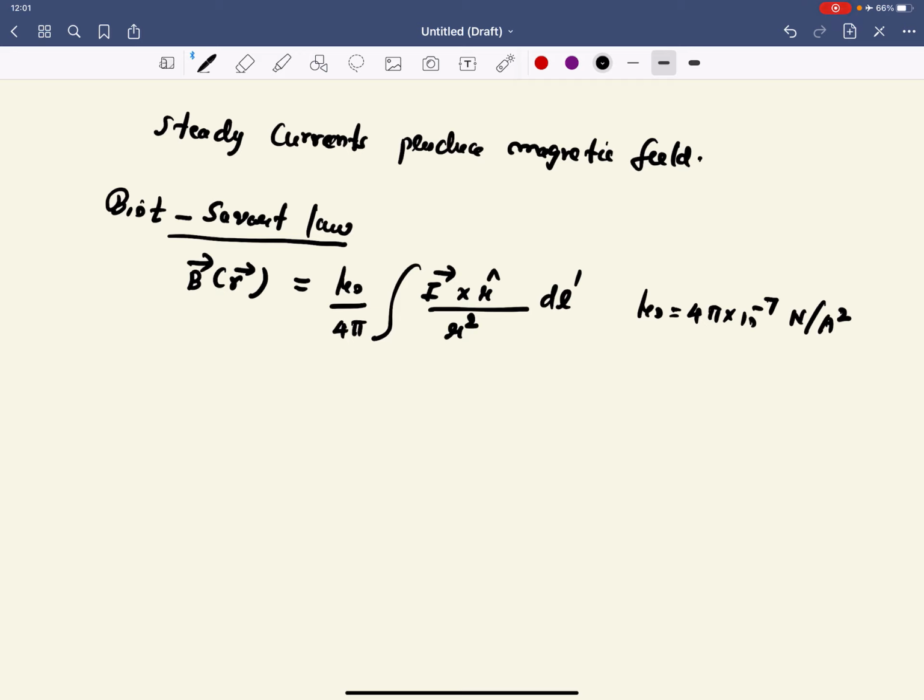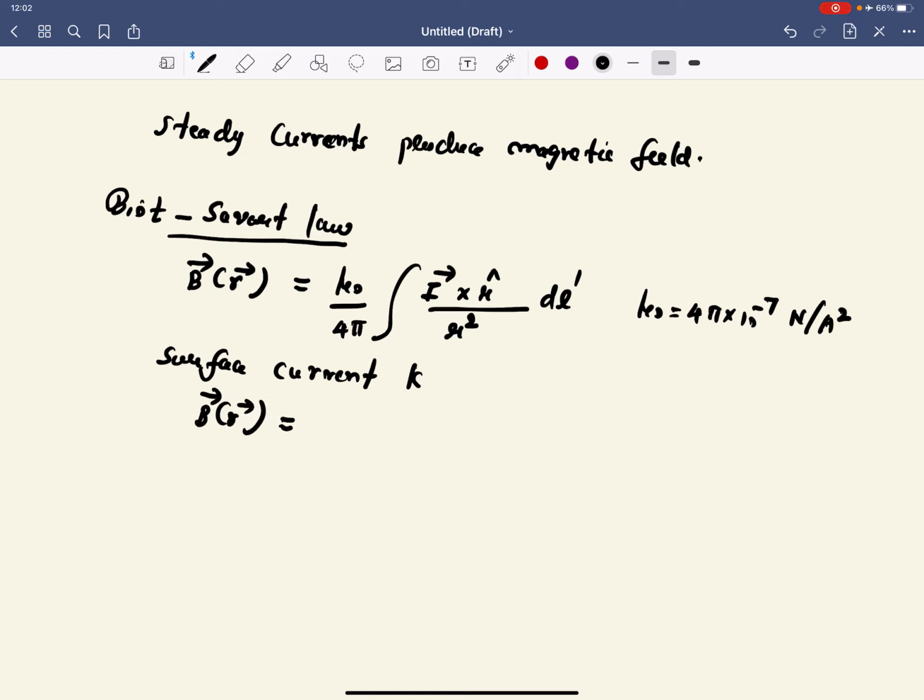So in terms of the surface current density K, let's write the Biot-Savart law.